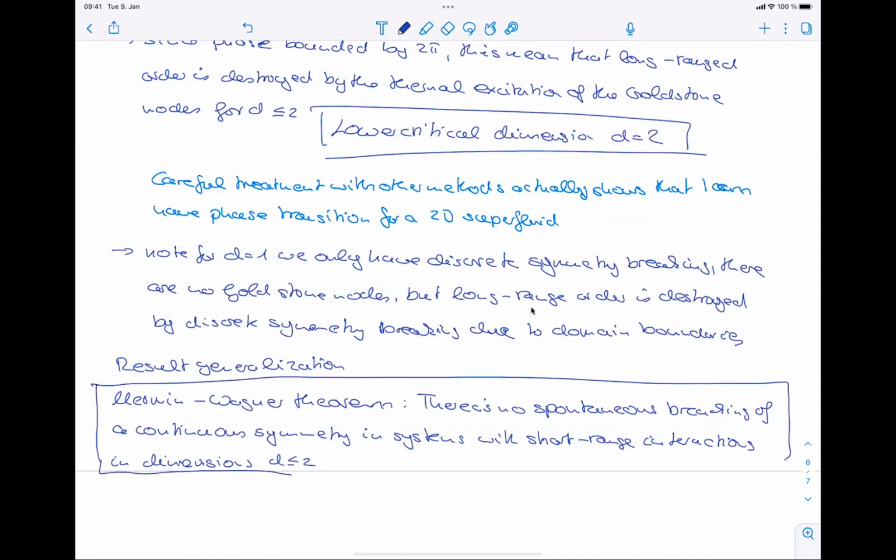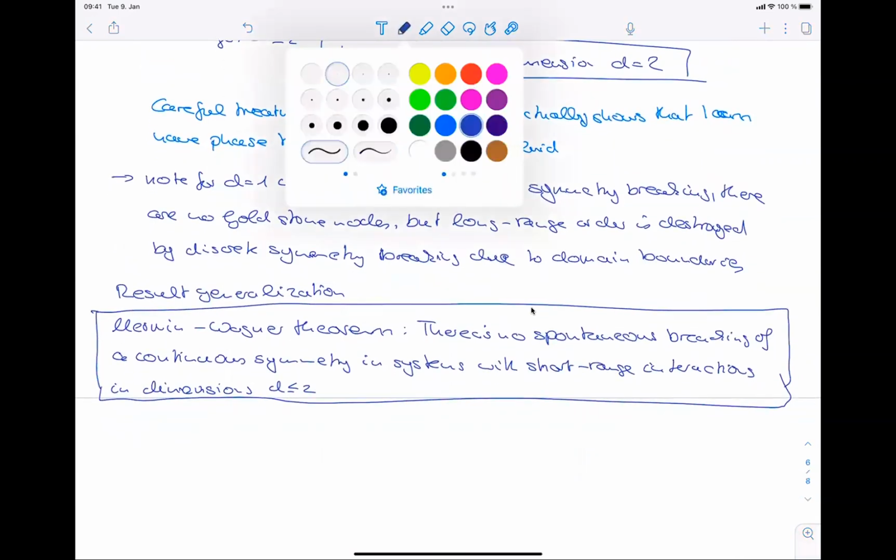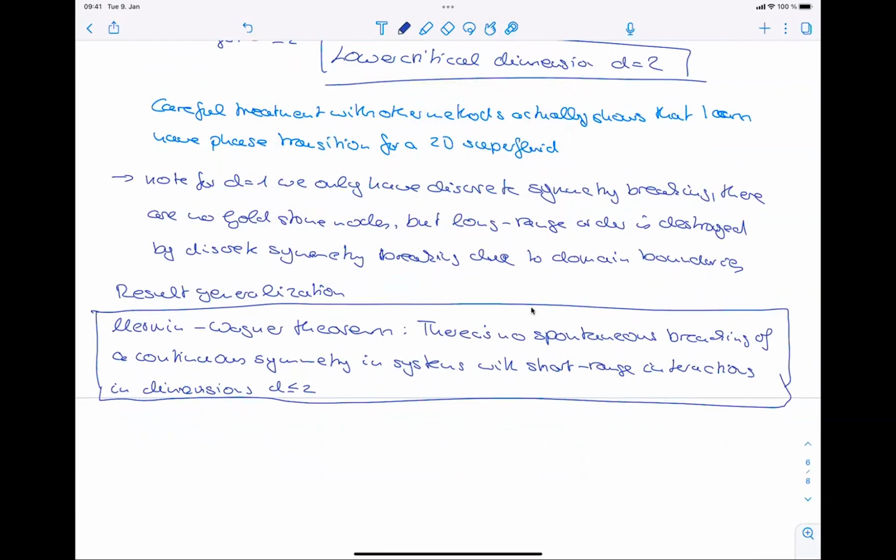So this is in line with the upcoming result that we do see phase transitions in the 2D superfluid, in fact, which we can't recover from the theoretical approach. So this concludes the theoretical insight.